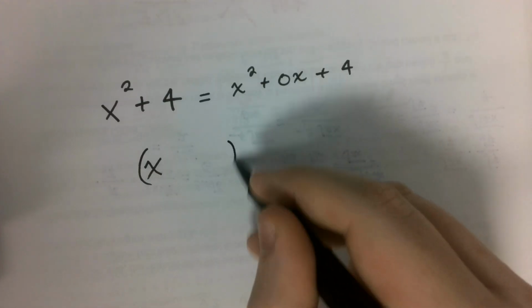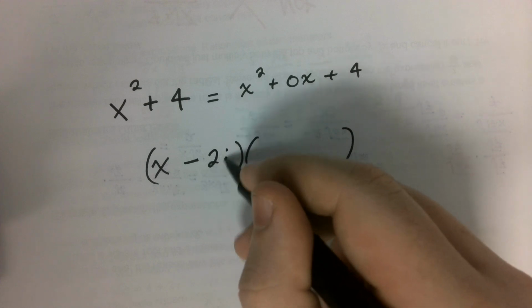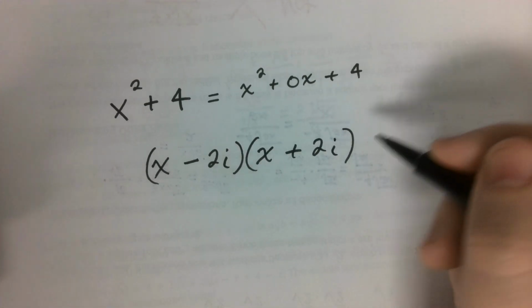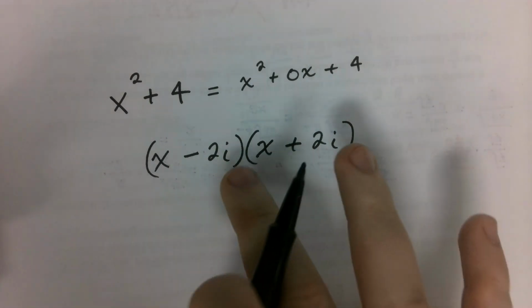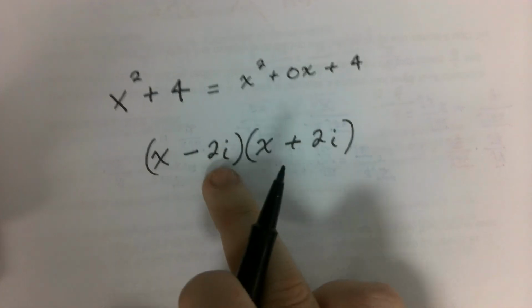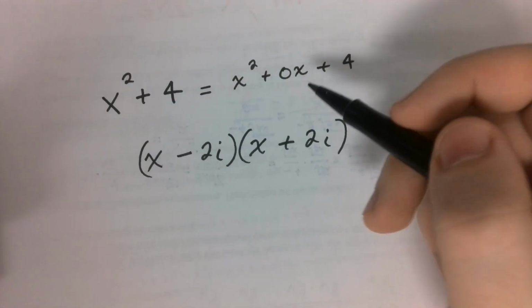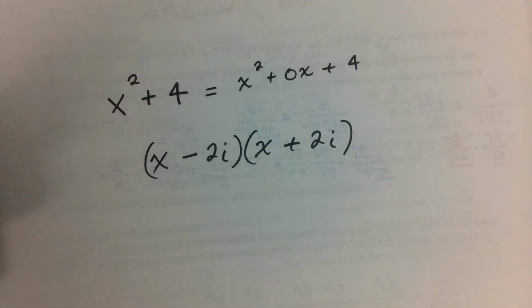Our answers to this problem are x minus 2i and x plus 2i. This was a little bit ago, but the reason why this works is because negative 2i times x and positive 2i times x will cancel out in the middle, make 0. Negative 2i times positive 2i is negative 4i squared, and i squared is negative 1.